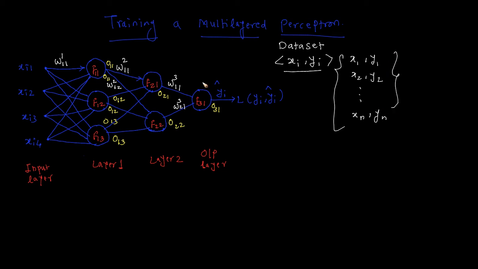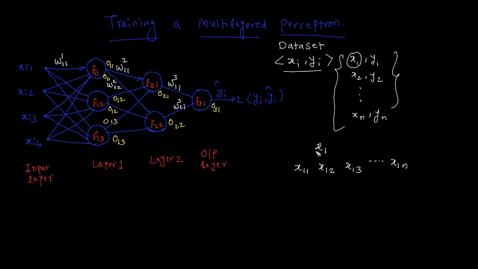Now here, this x is an input, but that input may have many features, or it may be a multi-dimensional input. So I can write x1 as x11, x12, x13, so on and so forth, up to x1n.